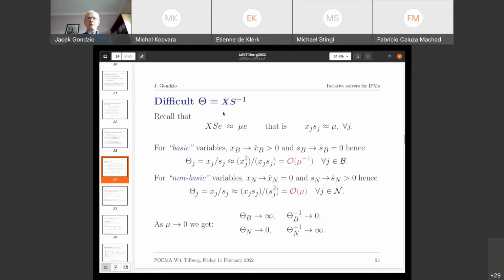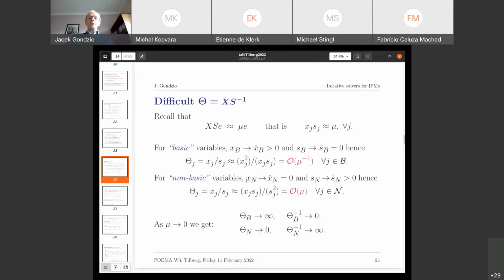And what will happen to this Theta? Theta, defined as x_j divided by s_j, can be written as x_j squared divided by x_j s_j. x_j squared will give us a number of order 1, but divided by mu. So this will behave as O of mu inverse, where mu, remember, converges to 0. So this is the bad news, because it means that Theta will go to infinity.